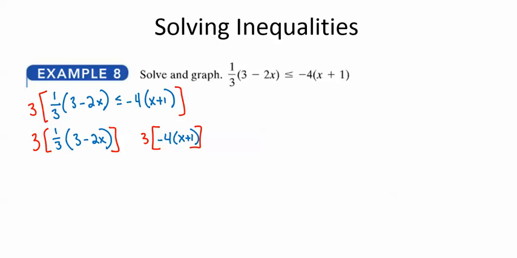And the same thing on the right side. We're not going to multiply 3 times -4 and then 3 times x plus 1. We're simply going to multiply 3 times -4 and then distribute that -12 into each term in the parentheses. So I hope that's clear.